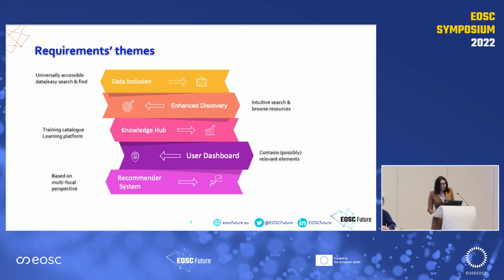So the first one is data inclusion. We want to make the data universally accessible and allow the users to easily search and find research data. The second one is enhanced discovery, which we hope provides a more intuitive way for users to search and browse the available resources. The next one is a knowledge hub, which includes a training catalog and a learning platform.